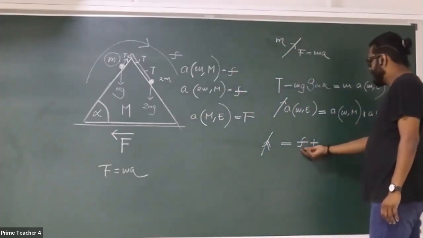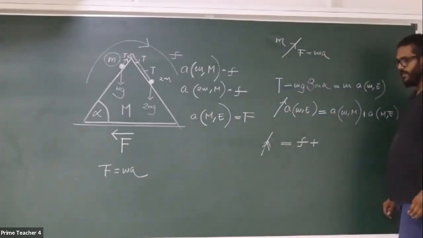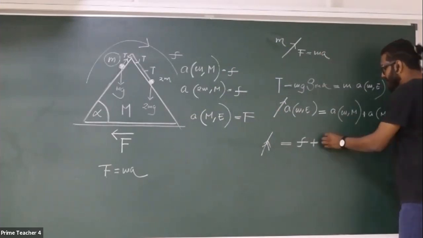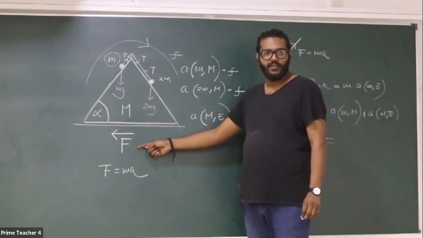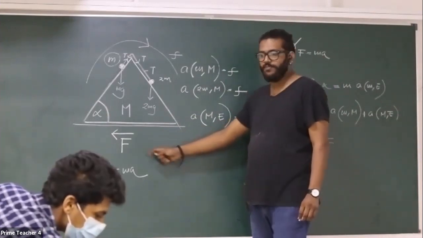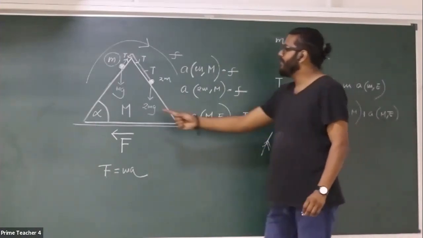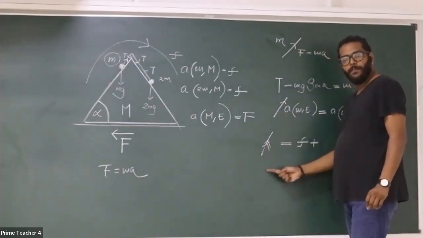So this is F, and that is already in this direction. But the other one, you can't just write F. That is wrong because this F has a different direction, not the one that we consider. The one we consider is in this direction.